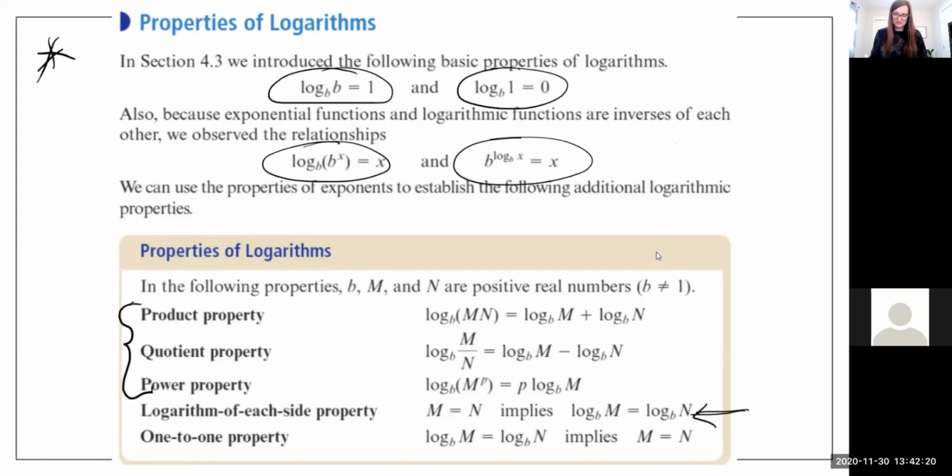I already talked about this: basically if you have the same thing on both sides with a log, that's the same. So I can apply a log on both sides, or I can apply an exponent on both sides. These are kind of redundant, almost too obvious. So I would really focus on these properties here for yourself.